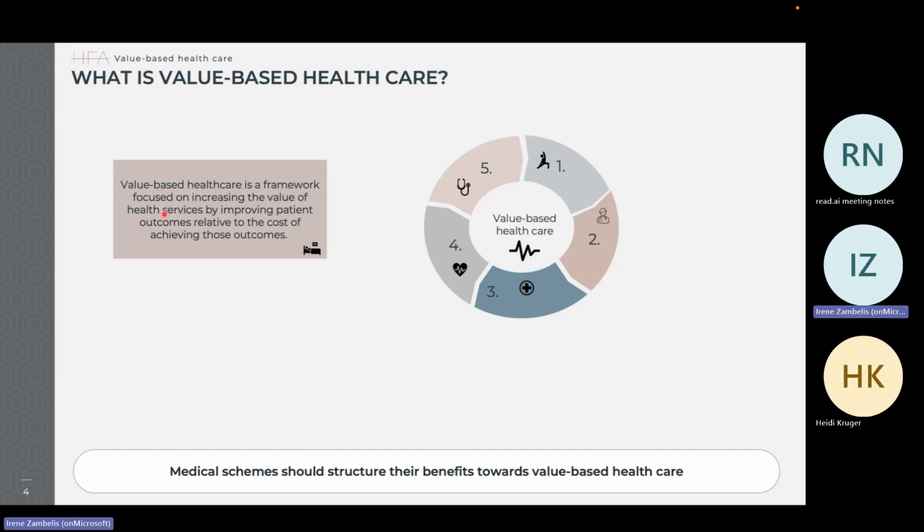That is patient outcomes. And one needs to look at it relative to the cost. So you want to have the least cost for maximum patient outcomes.